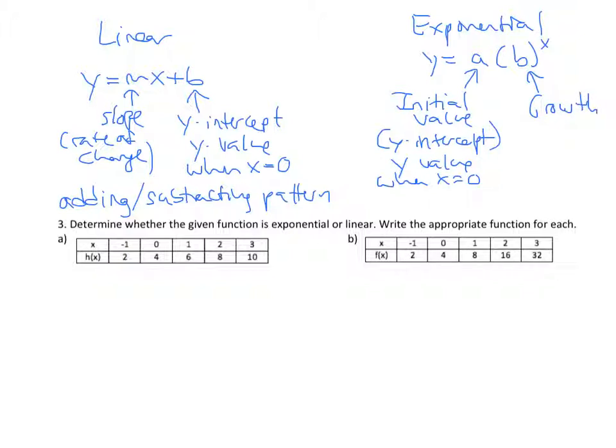Or it could be a decay factor. So in an exponential relationship where the numbers are getting bigger, it would be a growth factor when b is greater than 1. And if you have a relationship where the numbers are getting smaller, we would call it a decay factor, and b would be a fraction like 1/2 or a decimal like 0.05. Something that is between 0 and 1 would be exponential decay.